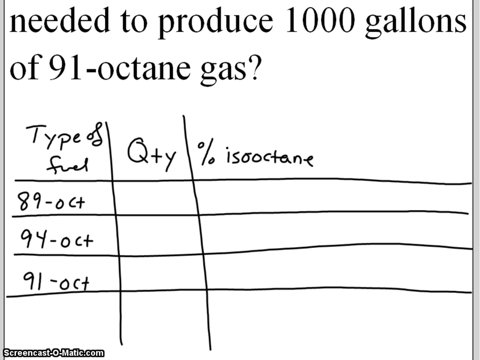There's probably a hyphen in there. And then the amount of actual isooctane, which is the percentage. This is a concentration.